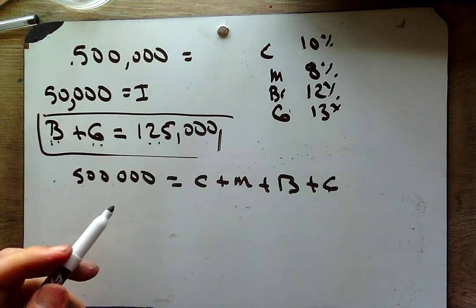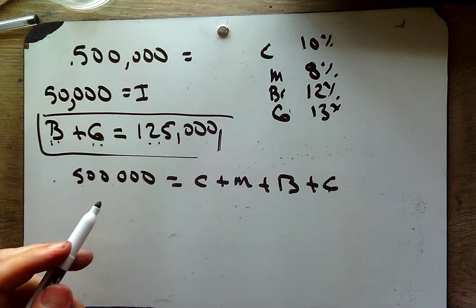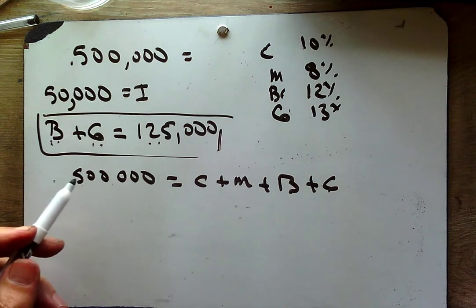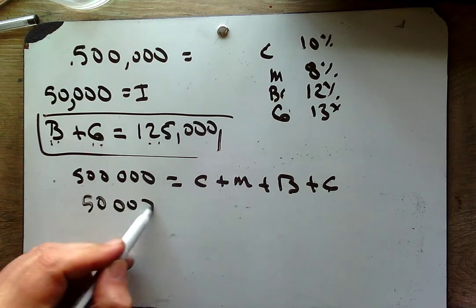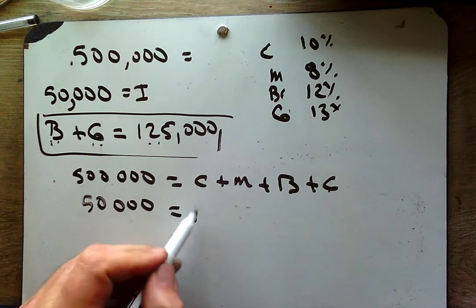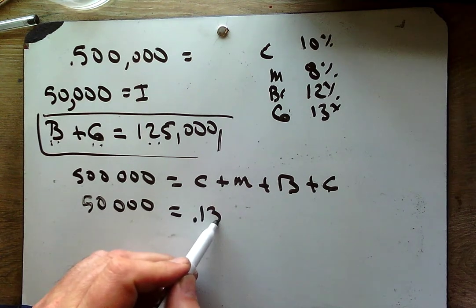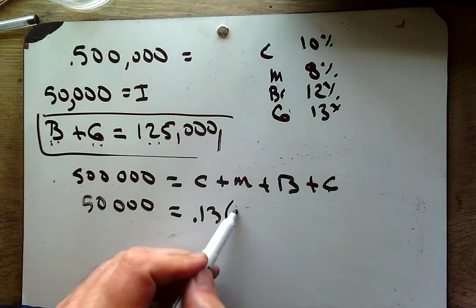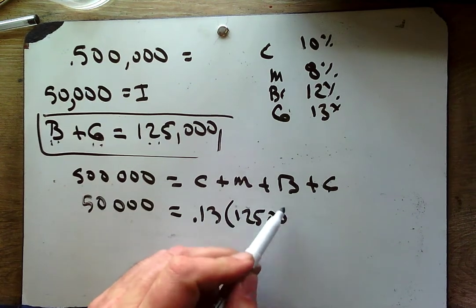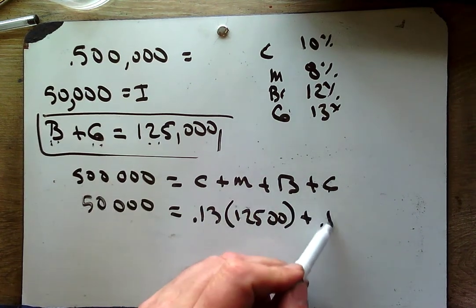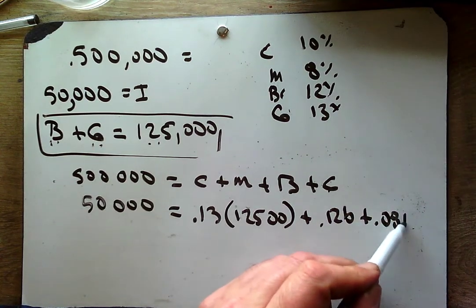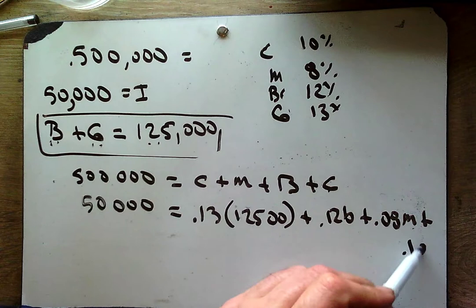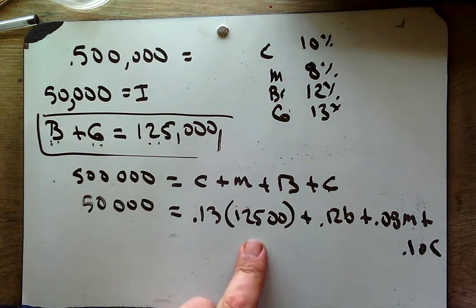And then I've got 0.1 times 500,000. Remember, they wanted a return of 10%. I've got 50,000 equals 0.13 times 12,500 plus 0.12B plus 0.08M plus 0.10C.